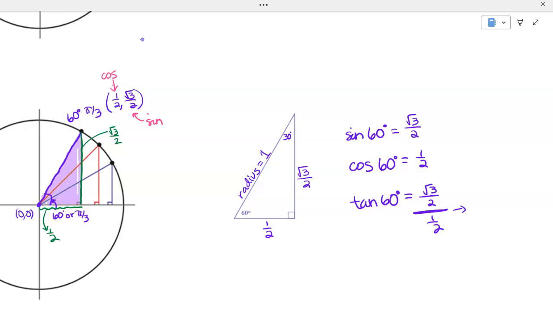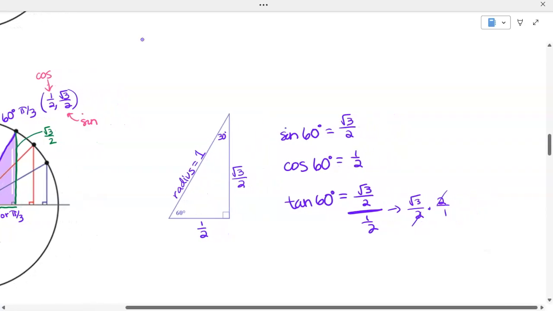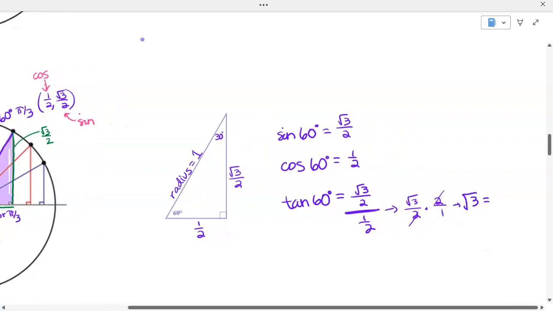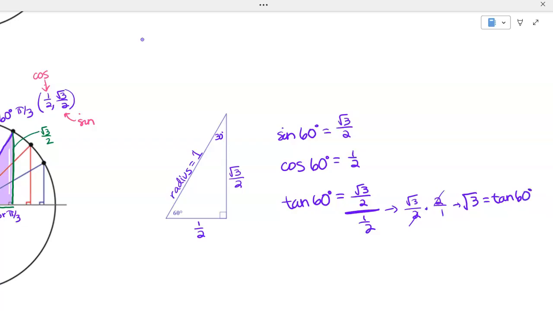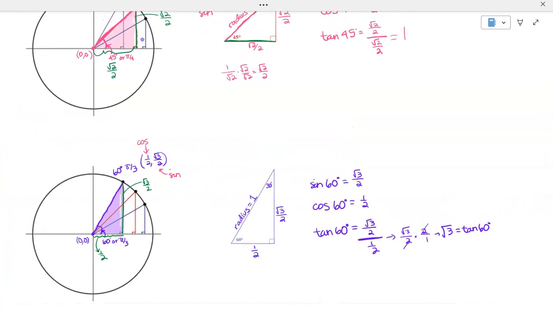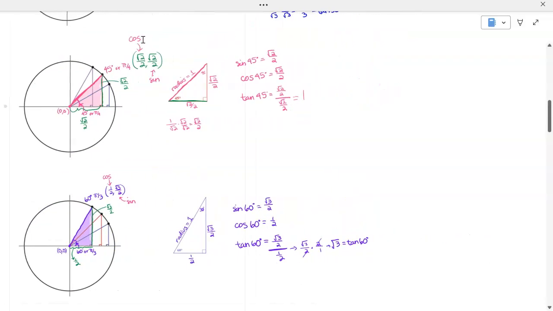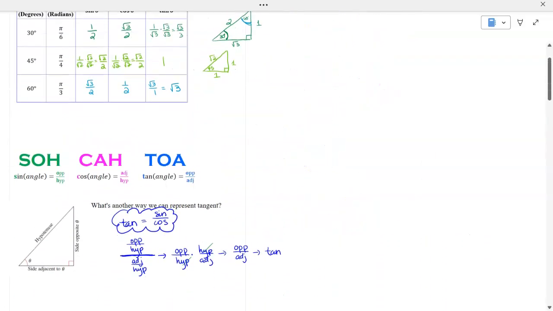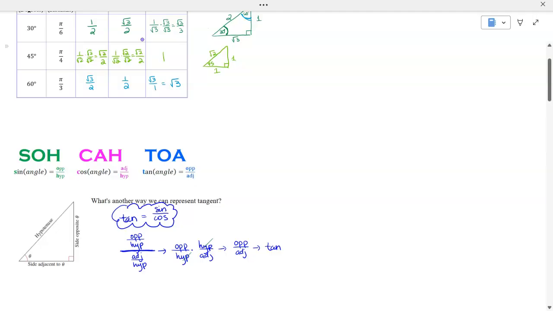And remember, when you're dividing by a fraction, you're just going to multiply by the reciprocal. So that's going to be the square root of 3 over 2 times 2 over 1. And our 2's end up reducing out, so you just get the square root of 3 equals the tangent of 60 degrees. And we should end up seeing that our values of sine, cosine, and tangent all are the same as what we found up here in the beginning using our geometric triangle.